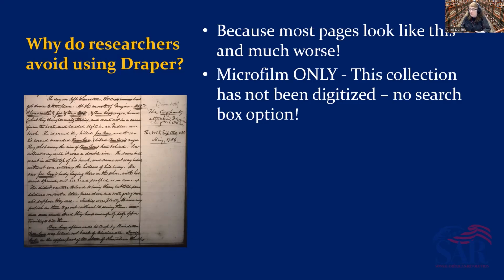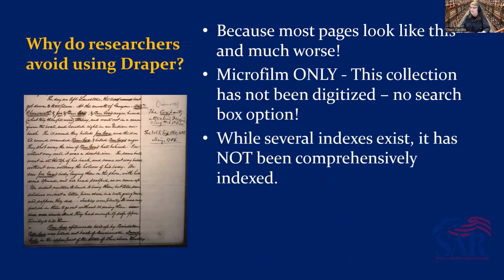It has not been digitized. There is no place to go and just plug in a name in order to find whether your ancestor's in there. Now, I add a little caveat there. There is one search box that I can tell you about, but it doesn't actually hit a comprehensive index for you. So just keep that in mind.